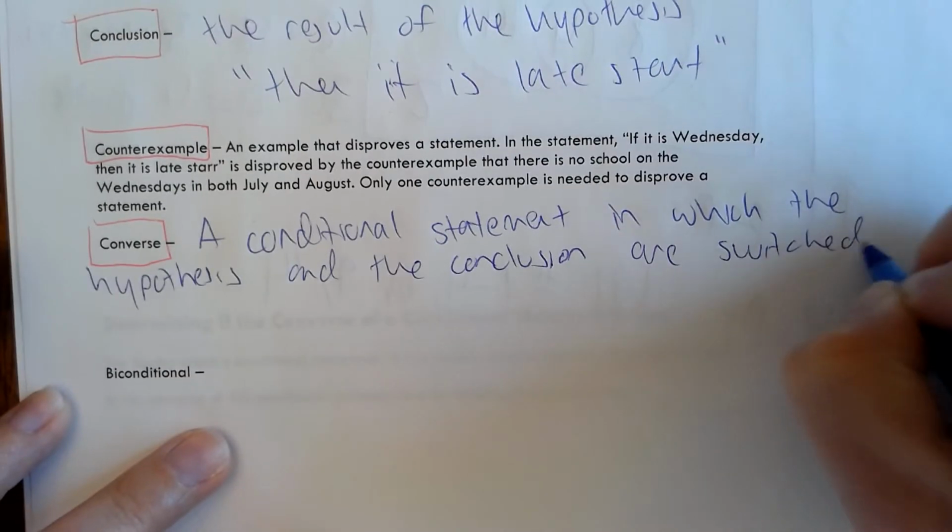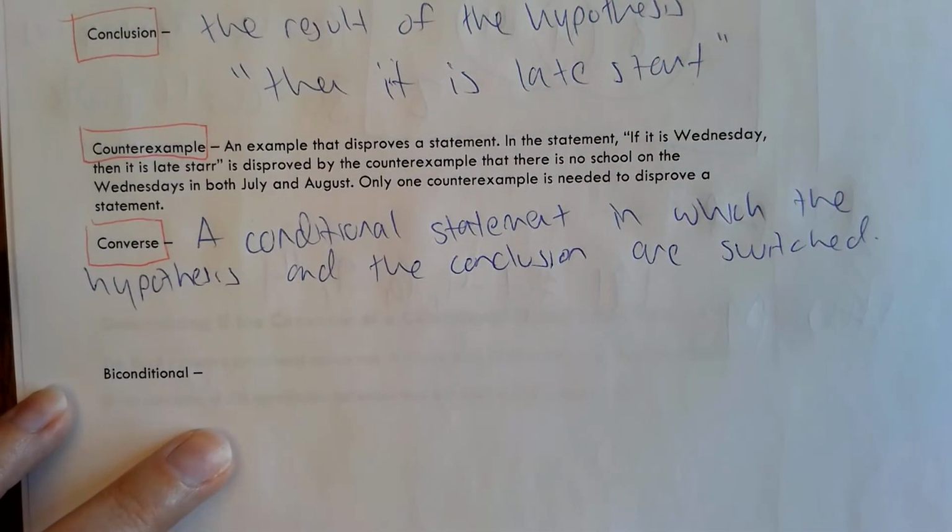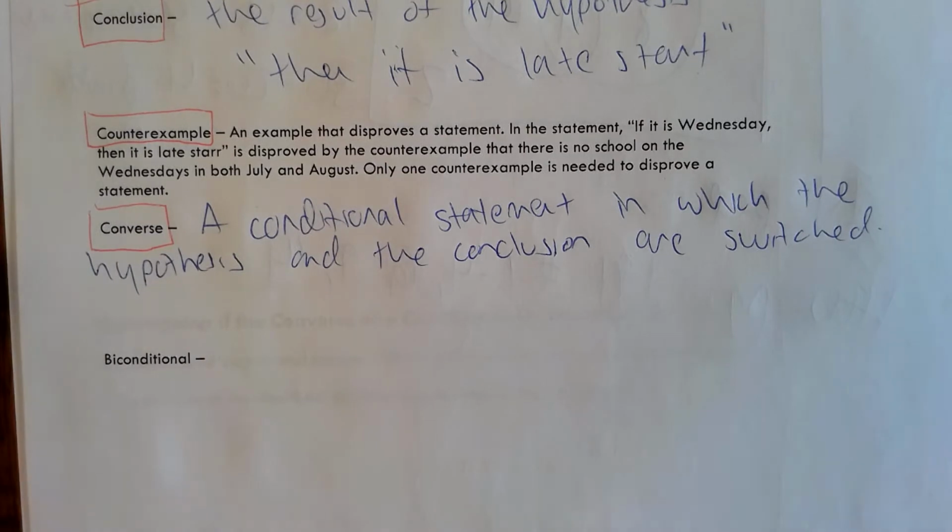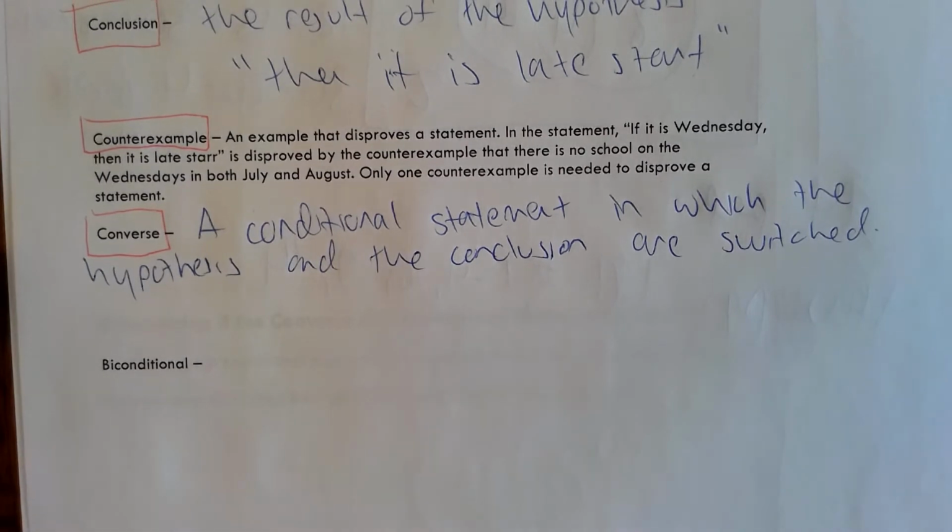Now notice, the if and the then stay in the same place, but the other parts of the sentence switch. Sometimes you have to reword it just a tiny bit for it to still make sense, but the if should be at the beginning and the then should be halfway through.